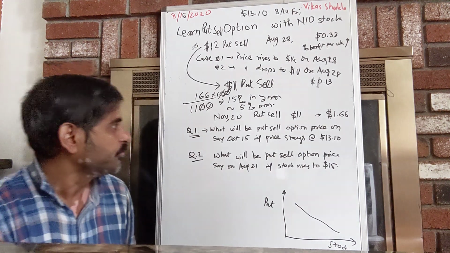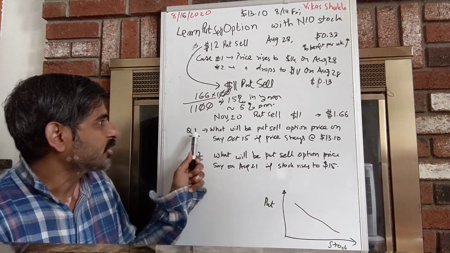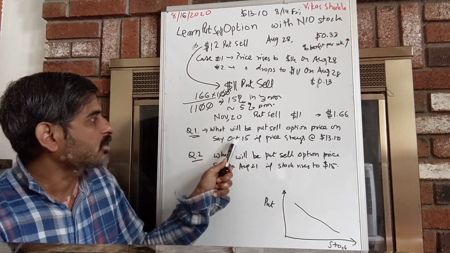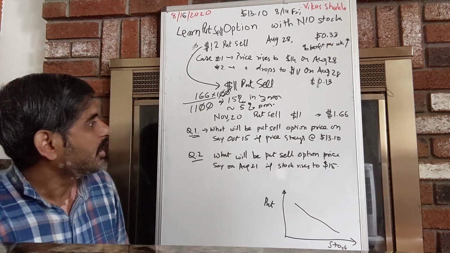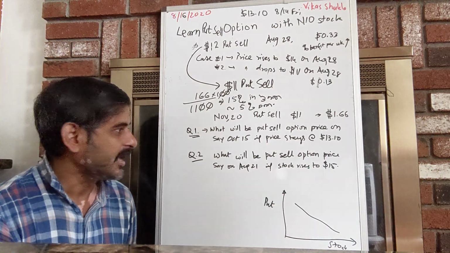But that's not true. And to understand this, I have put up the question: what will be the put sell option price on October 15th if the price stays at $13.10?